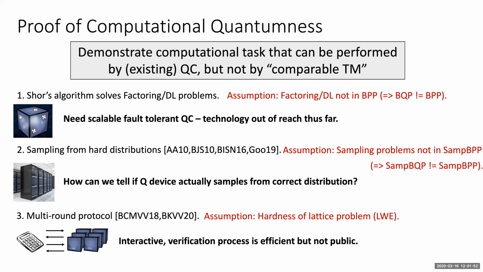This proof of computational quantumness is by itself not necessarily useful for any particular task, but rather a way to show that we managed to construct a device with powers different from the devices known to be constructed so far. It has a very limited capacity, and this is why I only mentioned it as a first step in this hierarchy of tasks that we want to perform once more and more elaborate quantum computers are actually constructed.